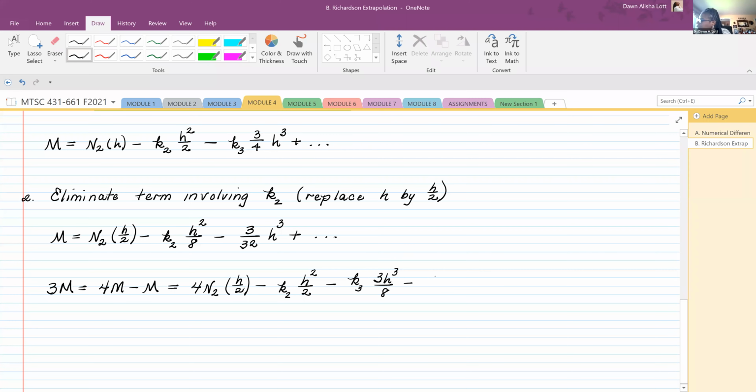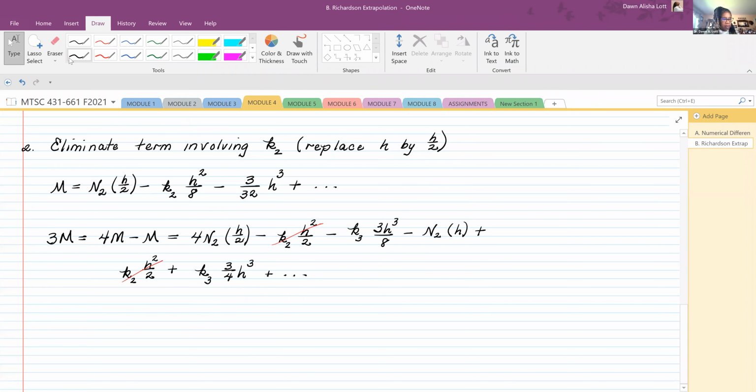minus N2 of H plus, I'm now going to get K2 H squared over 2 plus K3 times 3/4 H cubed plus dot, dot, dot. Now I get 2 terms to cancel. So these 2 terms add to 0.